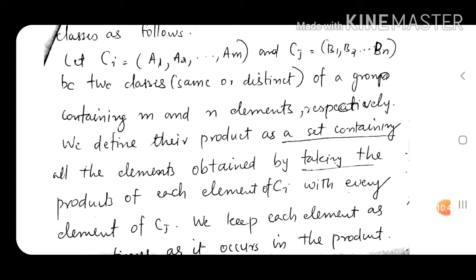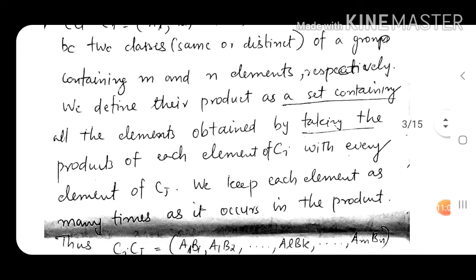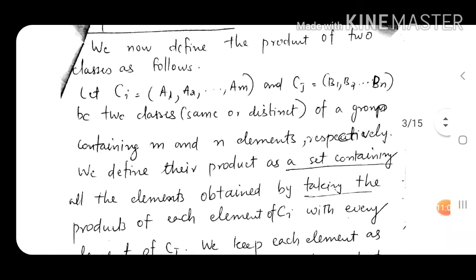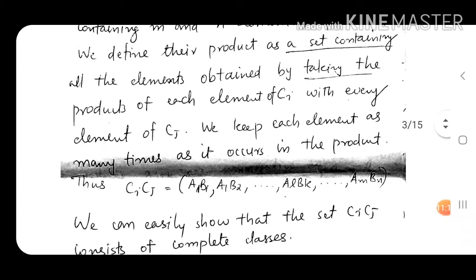Now we define their product as a set containing all the elements obtained by taking the products of each element of Ci, A1, A2, up to Am, with every element of Cj. So A1B1, A1B2, A1B3, up to A1Bn.